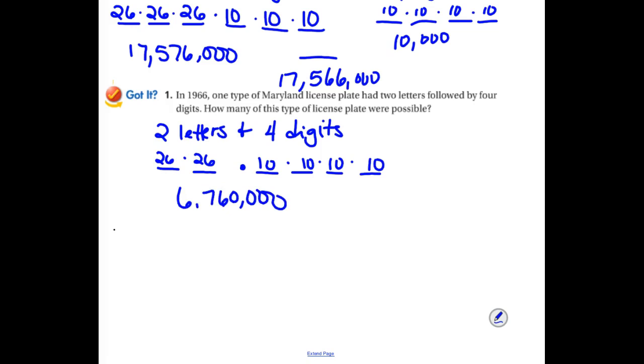All right, check your answer. 6,760,000. All right, questions on that idea of the fundamental counting principle? You're looking at different ways things can happen. Make sure you pay attention to, can you repeat the object or not?